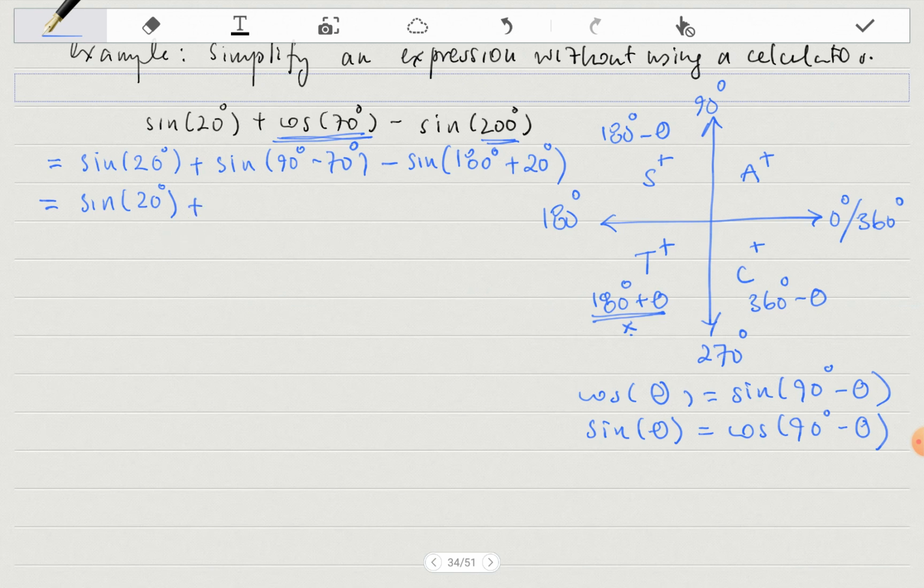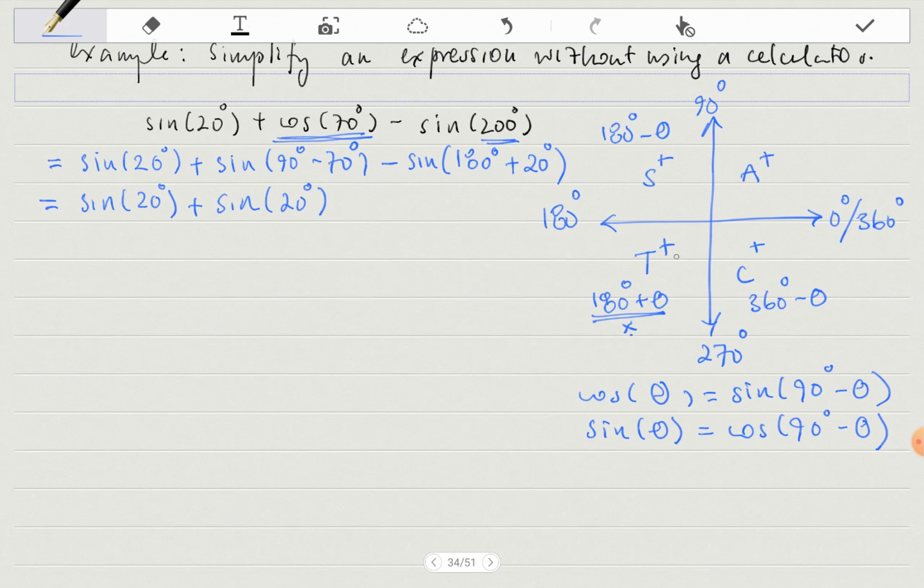Then sine of 90 minus 70 is going to give you sine of 20, since 90 minus 70 is 20. And then you're going to get minus.